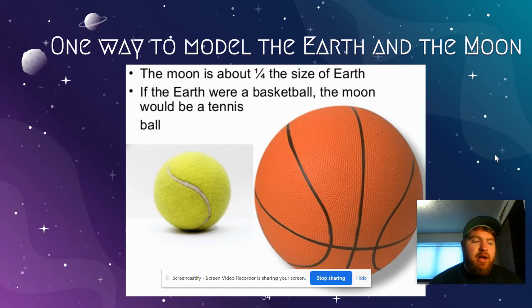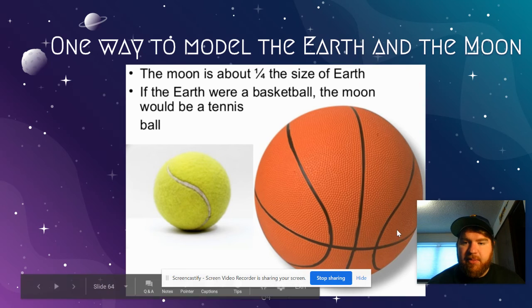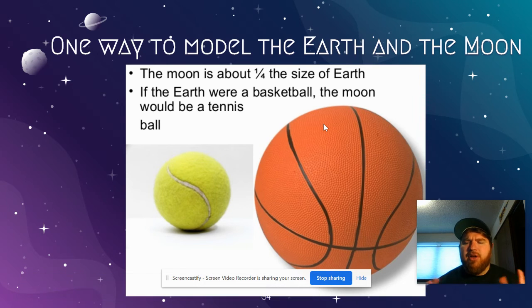One way that we model our Earth and our moon is a basketball and a tennis ball. If you remember early on, we showed that if the Earth was the size of a basketball, or a soccer ball, which is about the same size, the moon would be about the size of a tennis ball. And then I asked you to think about how far the moon would be from the Earth if that were the case.